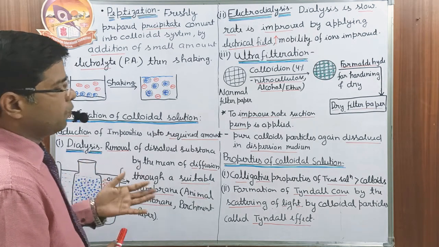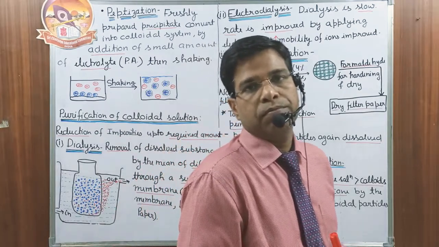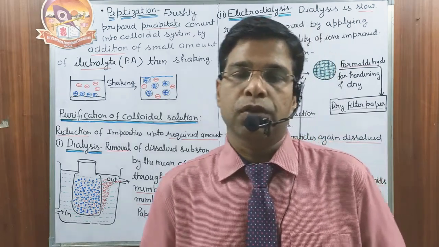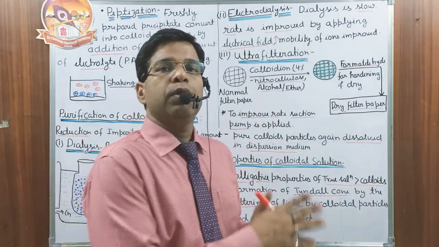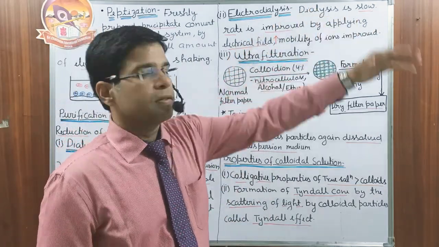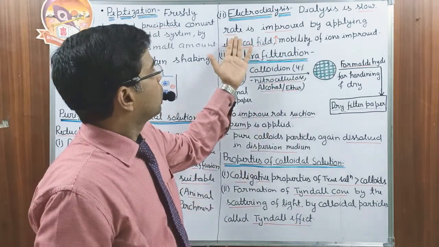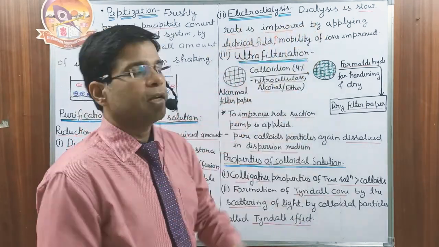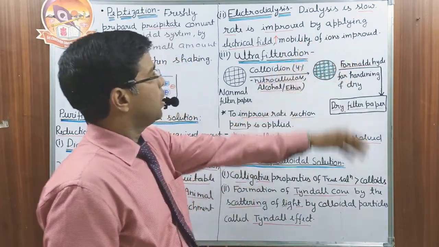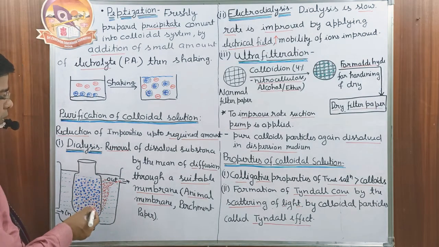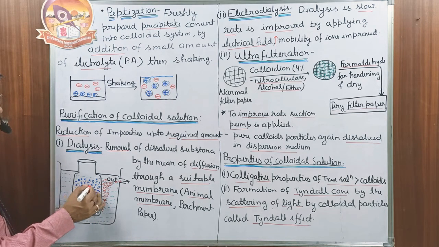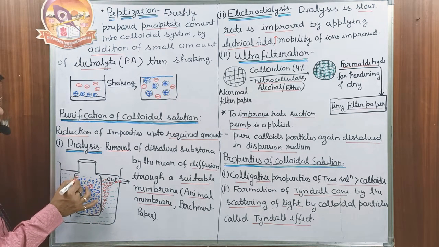But dialysis is not a very fast process. It is a very slow process. It takes time for completion. So what do we do? We do electrodialysis. Simple dialysis is a slow process. The rate is improved by applying an electrical field, which improves the mobility of the ions. Suppose electrolytes are present, some positively charged and some negatively charged.